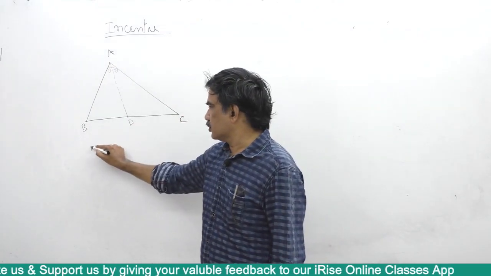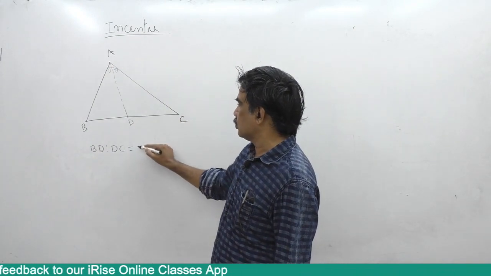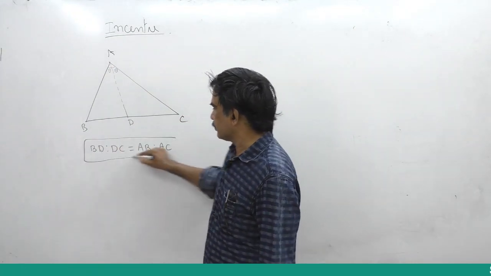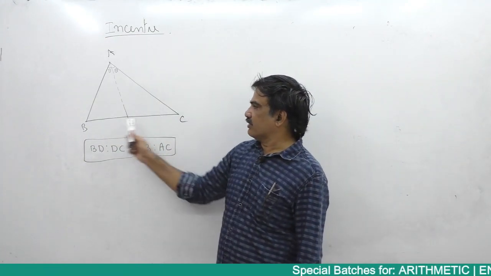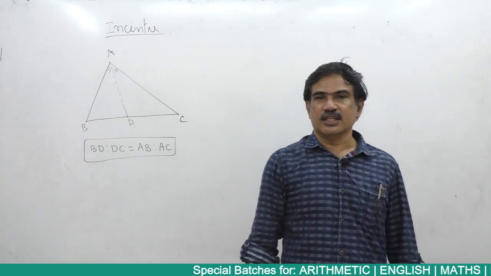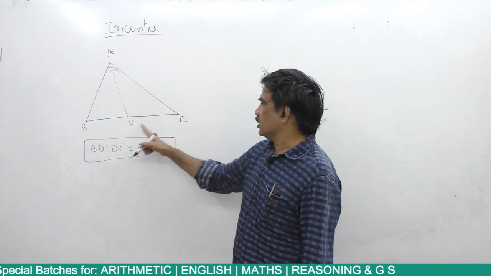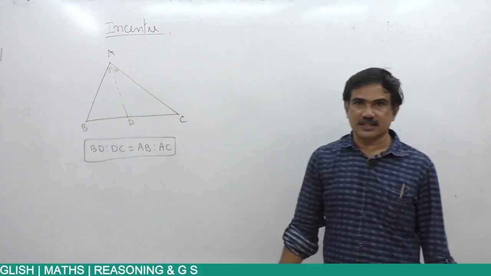That is, BD is to DC is equal to AB is to AC.